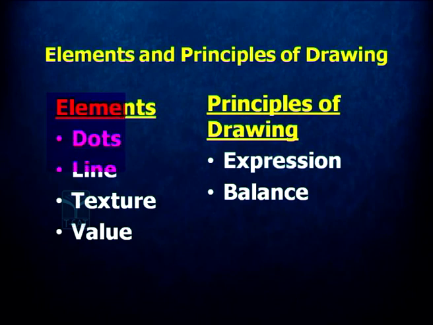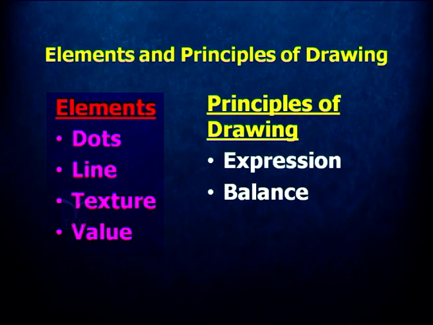As for the elements of drawing, there are some 4 basic elements, and we can extend, but for now we will stick to 4 elements of drawing, that is dot, and then line, texture and value, right. We will see these elements and principles, how they are reflected in our examples.